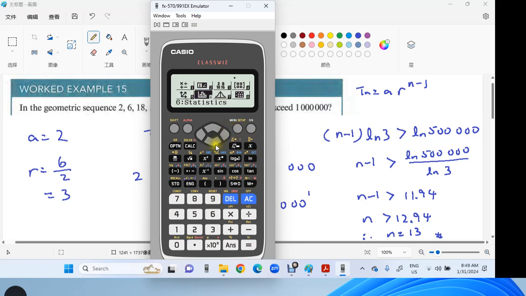We have the table, and this is 2 times 3 to the power of x minus 1, A R power n minus 1. G of x we just ignore, we press equal, start from 1, end at 20. Step size is 1. So the calculator will return this one.